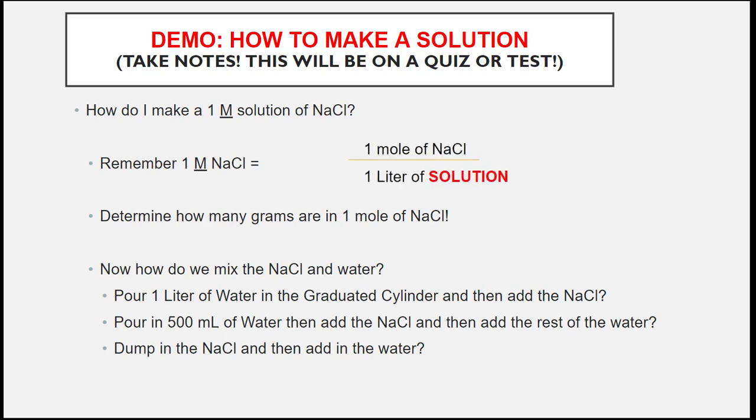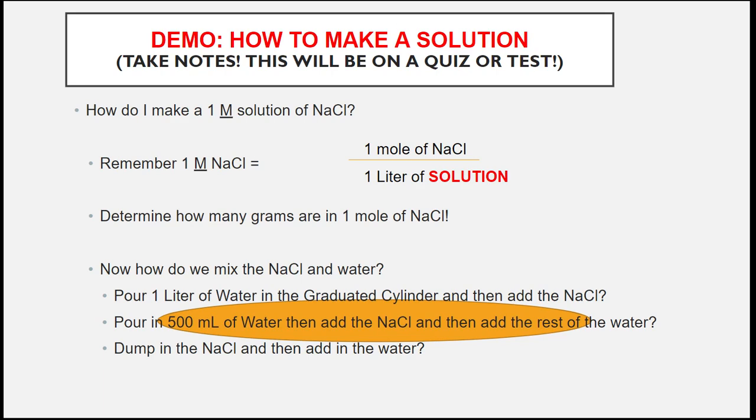So our best option is to pour about half the water that we need, then add the sodium chloride, and then we continue to add water till we get up to the 1 liter mark for our solution.